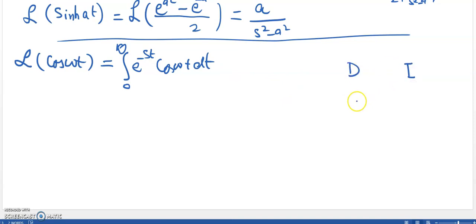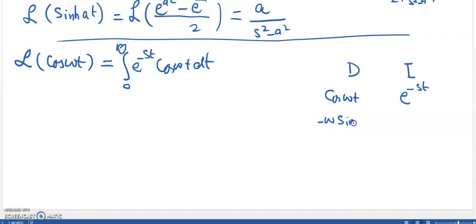I have explained it some time ago. In the DI method, I take e power minus st for integration, and for differentiation I take cosine of omega t, so I will take the derivative of this.